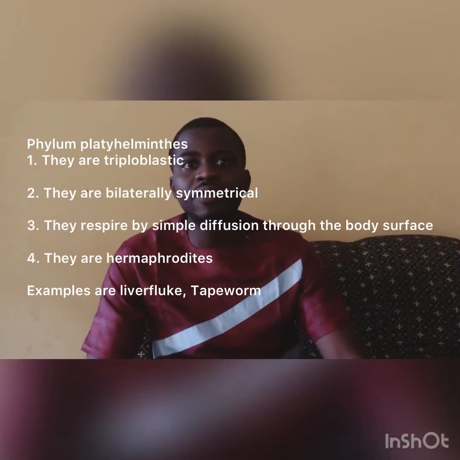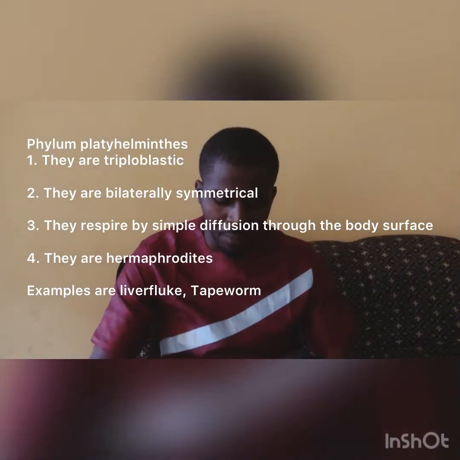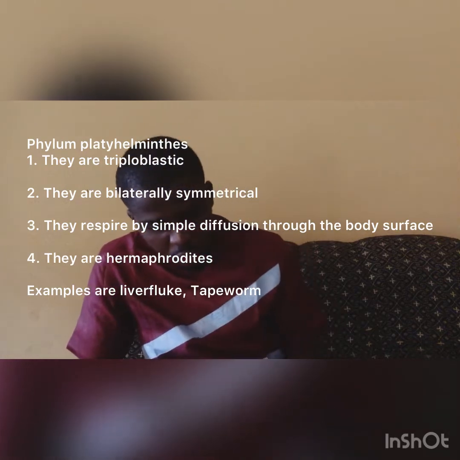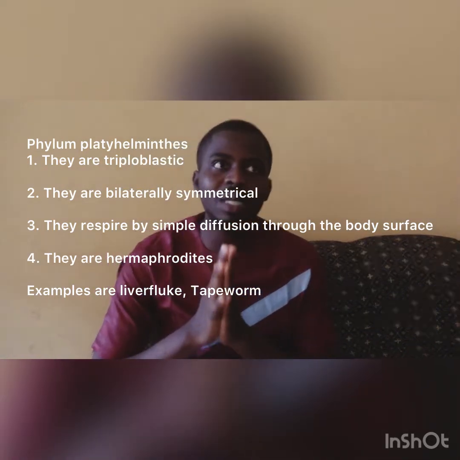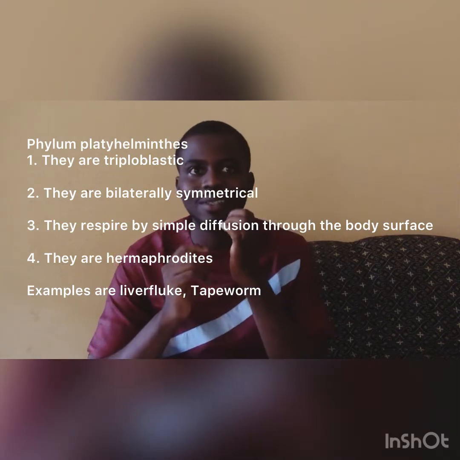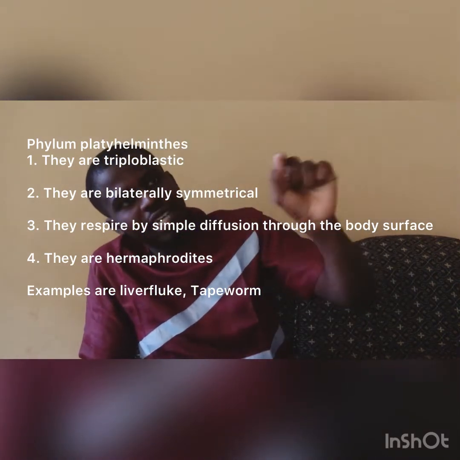Then the next phylum that I will be discussing is the phylum Platyhelminthes. These Platyhelminthes are also referred to as the flatworms. And one thing about the phylum Platyhelminthes, the number 1 thing is that they are triploblastic. The word tri means 3.